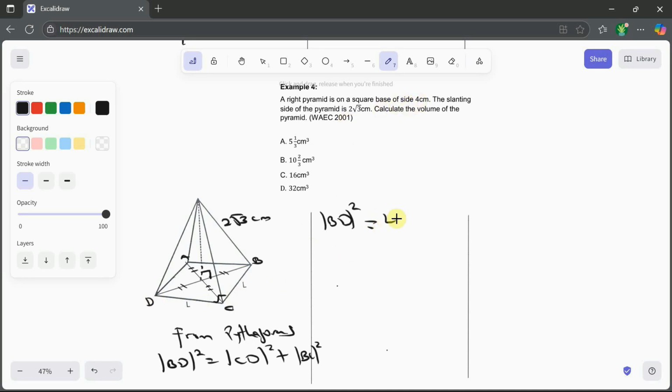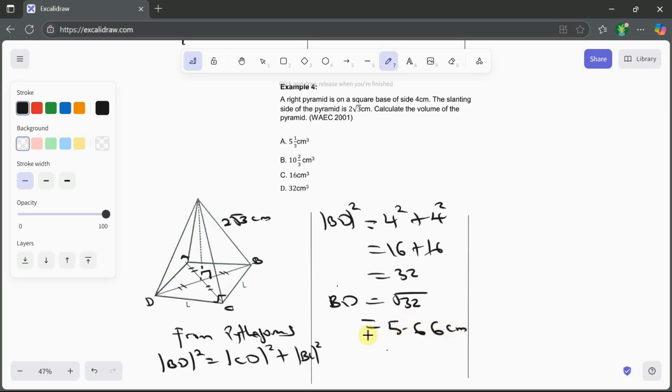So that would be 4 squared plus 4 squared, and that would be 16 plus 16, and that would be 32. So BD is square root of 32, which, if you press that in your calculator, will give you 5.66 centimeter, approximately. Correct. So we know BD.